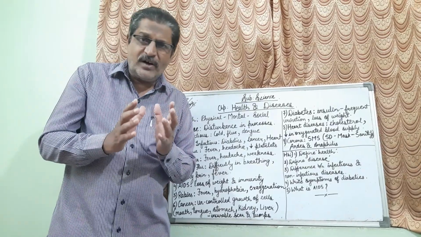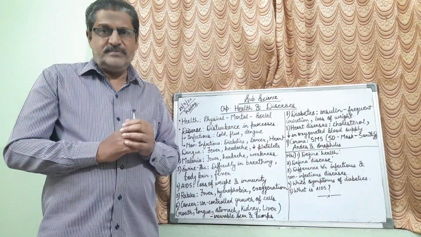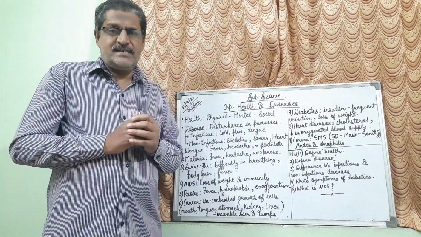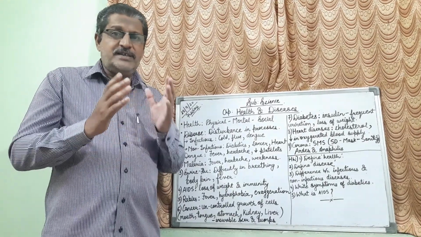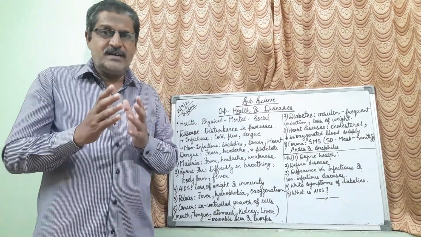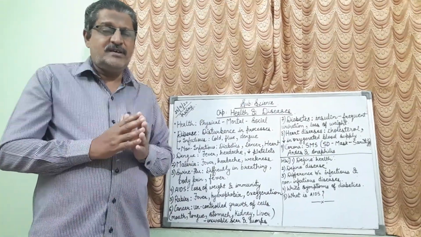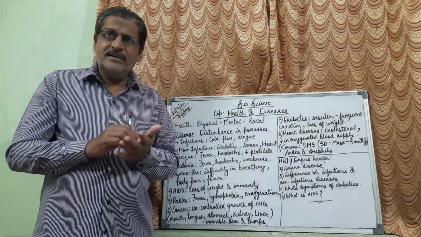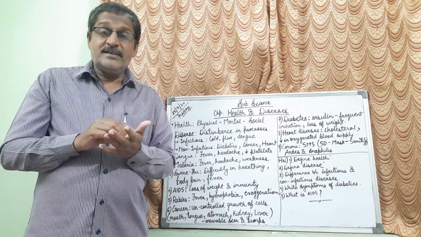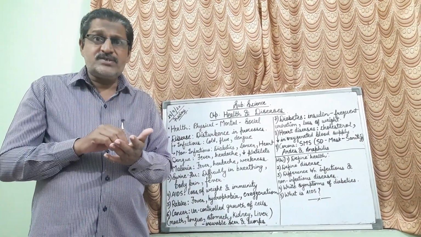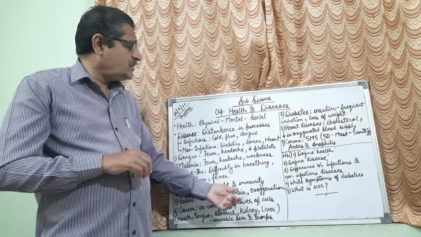This is one type of syndrome caused by a virus. That virus is the HIV virus, and this virus spreads in our blood at first. The virus enters your blood and decreases or affects your immunity.